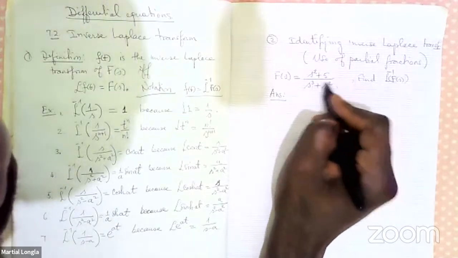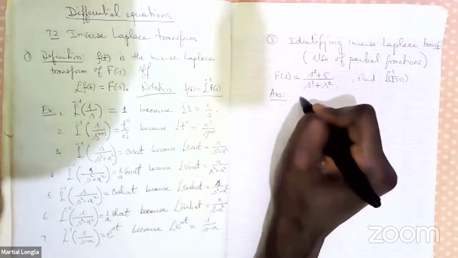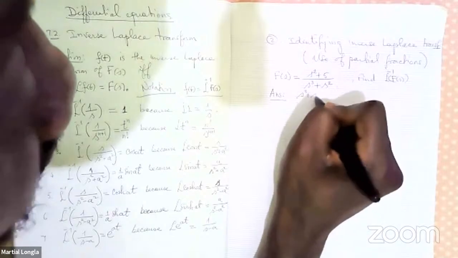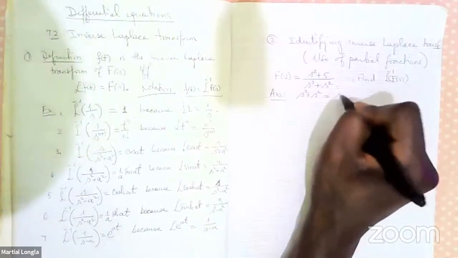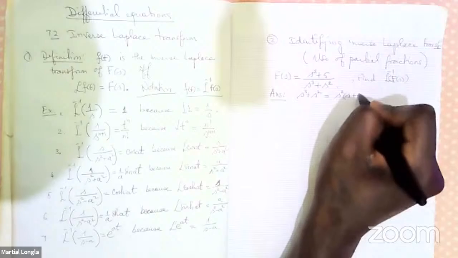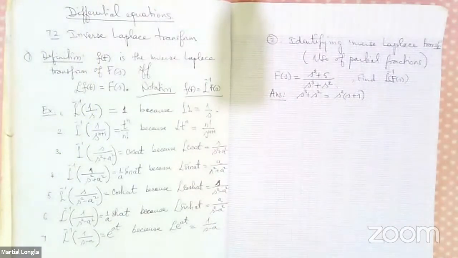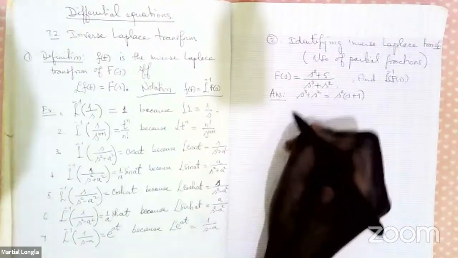Okay, so I was saying, to do so you have to factor out this denominator, find all the factors of the denominator and start writing down the partial fractions. So this s cubed plus s squared is s squared times s plus 1. So you will have partial fractions for s and for s plus 1.